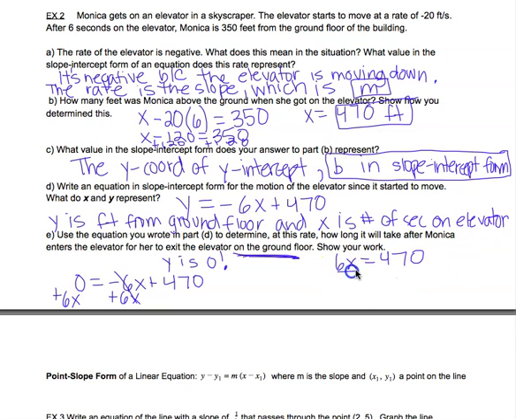Then to get x alone, I would need to divide both sides by 6, which does not come out nicely, so I'm using those squiggly equals because that represents approximately, because I'm going to have to round. 470 divided by 6 is about 78.3. Do not forget that when you put a word problem that you're going to need labels. So 78.3 seconds is what I'm going to need here.